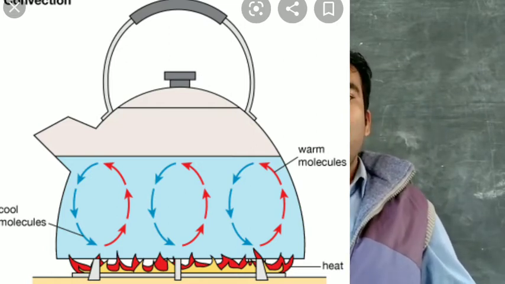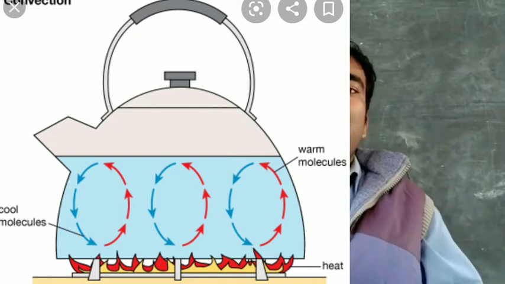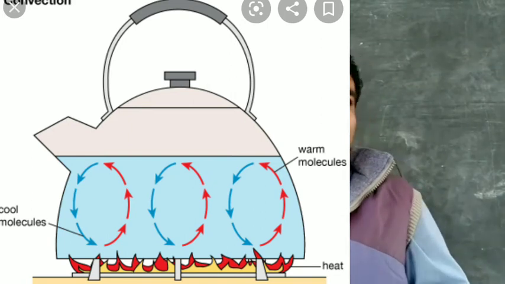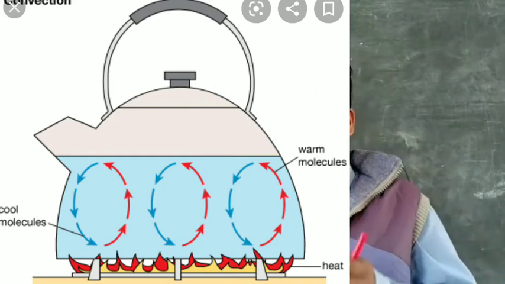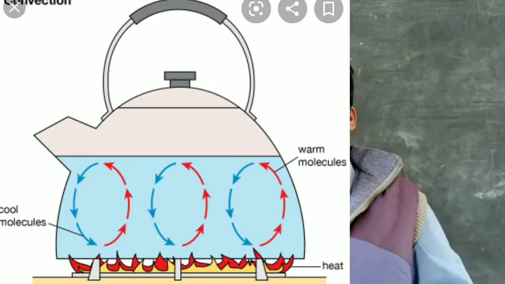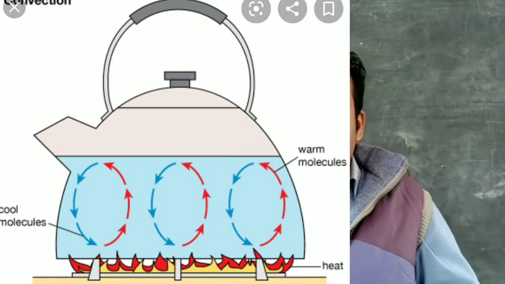Like this, one cycle goes on, so that all the water in the whole container becomes hot. So in this case, the substance or material travels from the hotter end to the cooler end. This type of transfer of heat is known as convection.